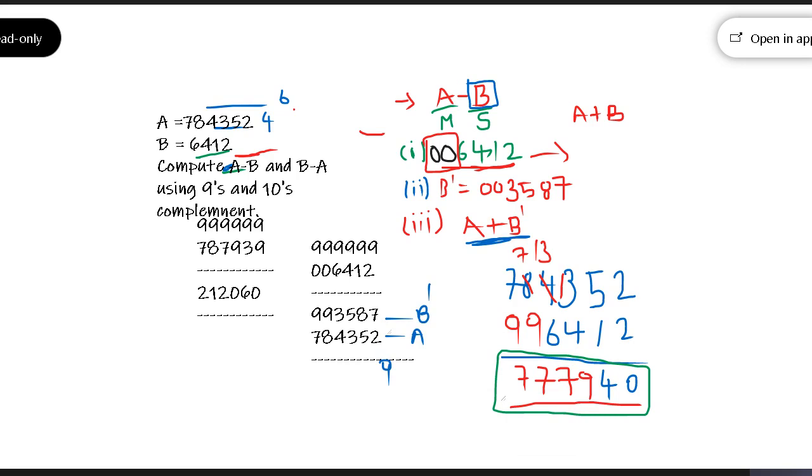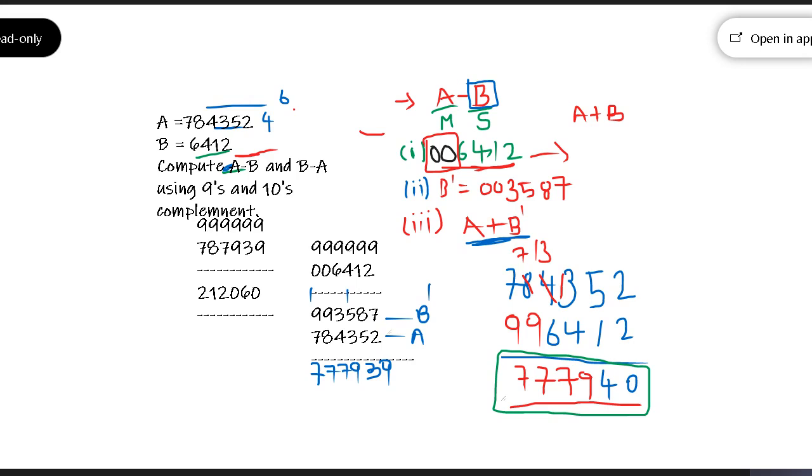Now 7 plus 2 is 9, 8 plus 5 is 13. Same again here, 5, 6, 7, 8, 9. I got 9. 7. Now see the difference here: 8 plus 9, how much? 17. So 1 carry forward.